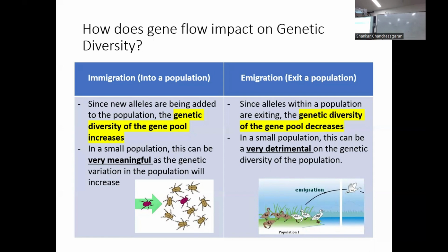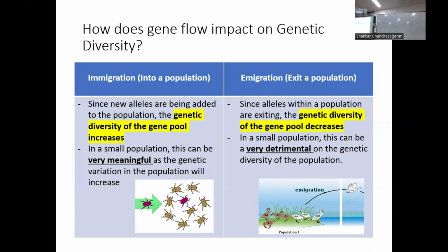So when there's suddenly one immigration of a purple beetle, there is a significant change in the allele frequency within that population. But imagine if there are 1,000 beetles and a single beetle joins that population. The effect is not as prominent because there's already a huge number of beetles, which would lead to an already high amount of genetic diversity.